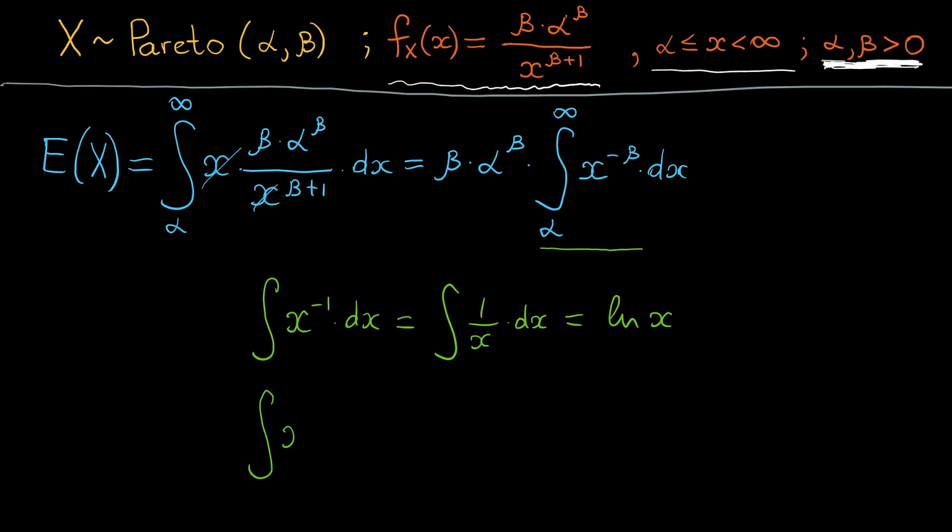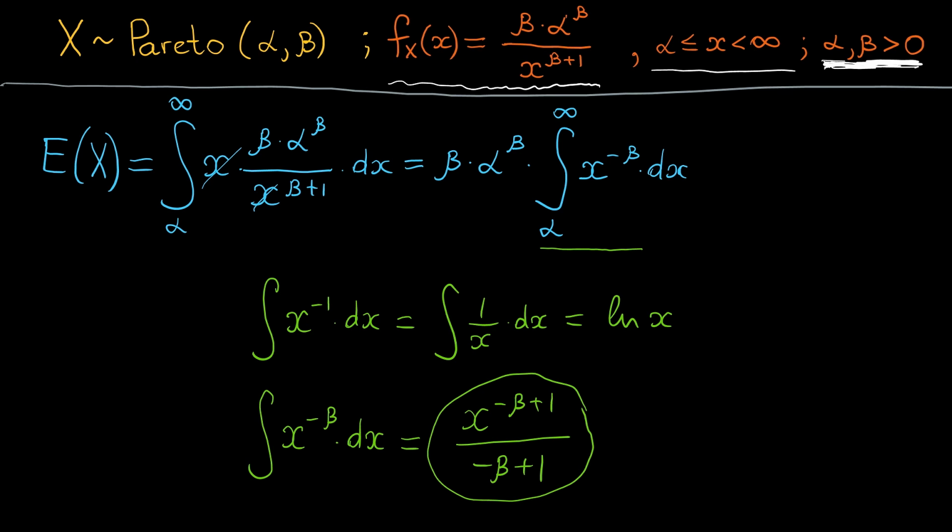Whereas for all other values of the exponent beta, this integral can be evaluated using the power rule, right? So we would need what? We would need x to the power of minus beta plus 1 over minus beta plus 1, right? So if we take the derivative of what's here on the right, we get x to the power of minus beta. But this is for beta different than 1.